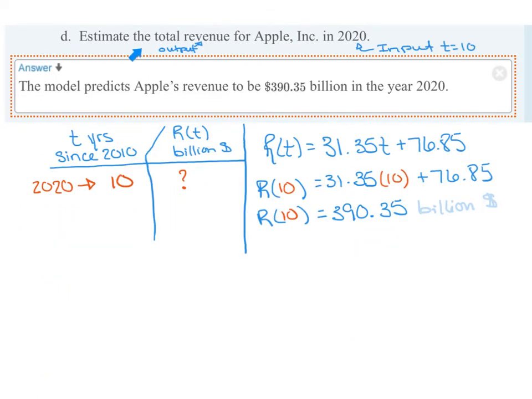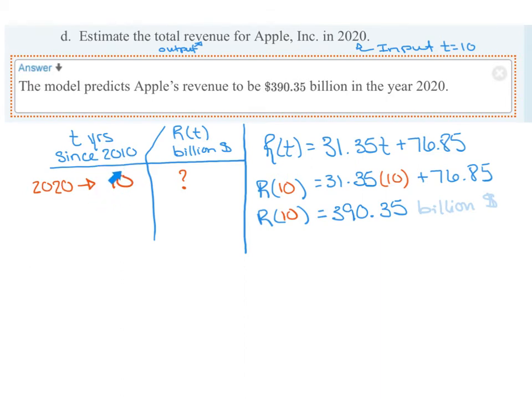For Part D, estimating the total revenue for the company in 2020. Well, total revenue is our output, so we're trying to find the output, and they're giving us an input value. 2020 would be 10 years since 2010. So if I look at it in my input-output table, 2020 is exactly 10 years since 2010.